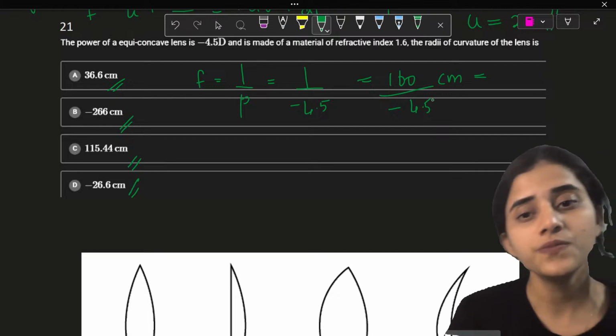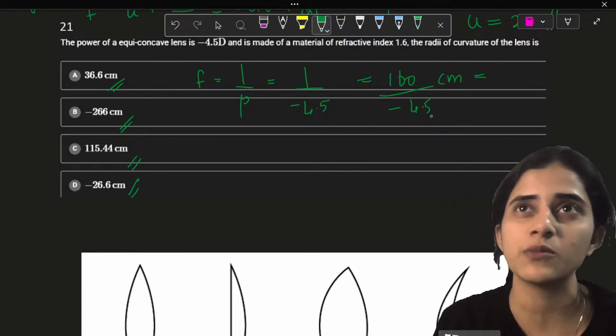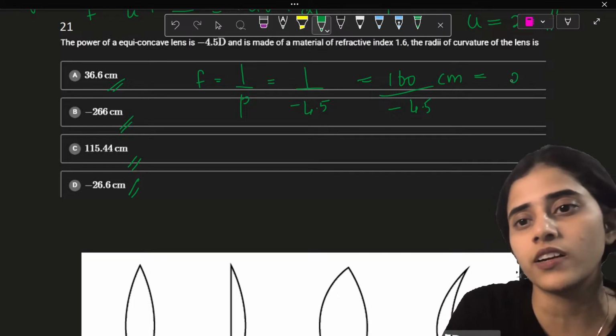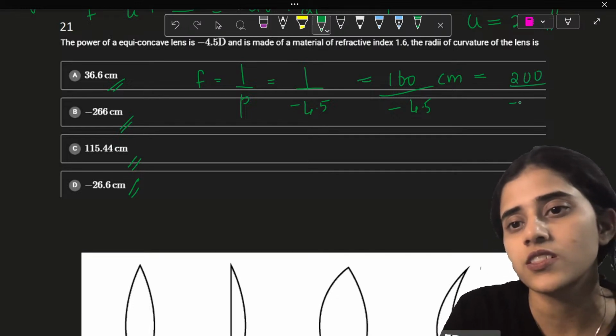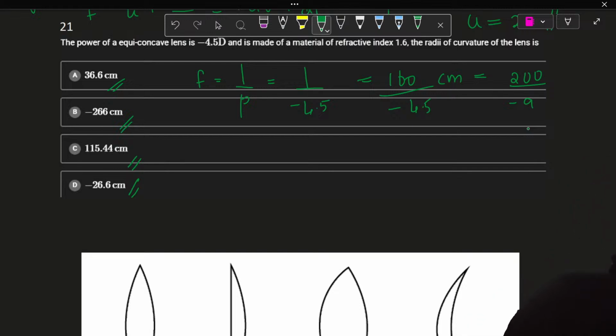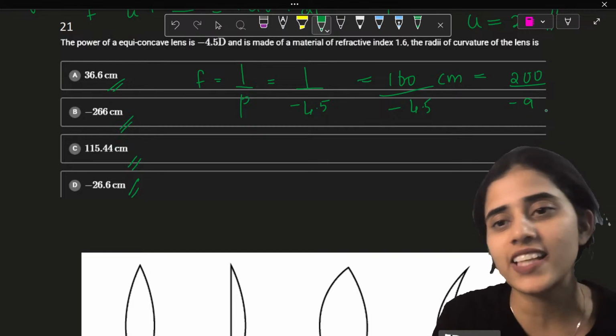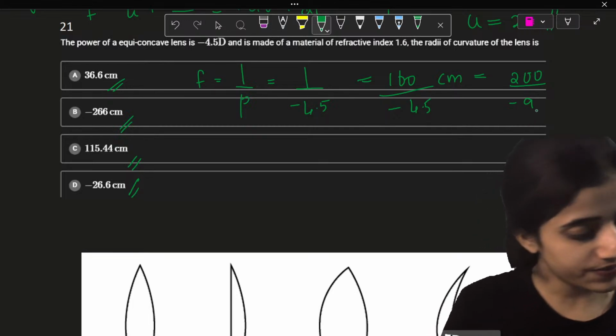What is 4.5 times 2? 4.5 times 2 is 9, 100 times 2 is 200. So I can just write it as 200 by minus 9. Since it's 200 by minus 9, it's not a decimal. It's easier for you to solve.